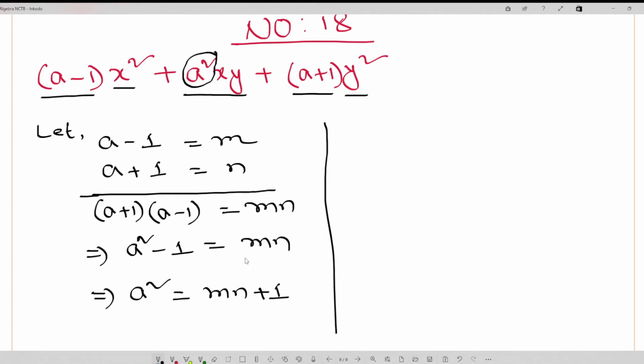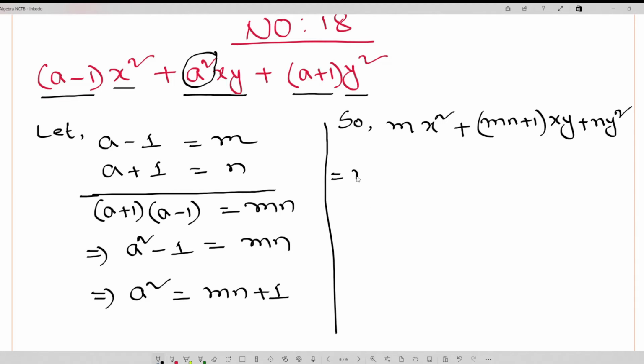Now a² equals mn + 1. Look, regarding this a − 1, we can write m, and here is x². This a² we can write as mn + 1, and here is xy, and finally this a + 1 is n, so ny².